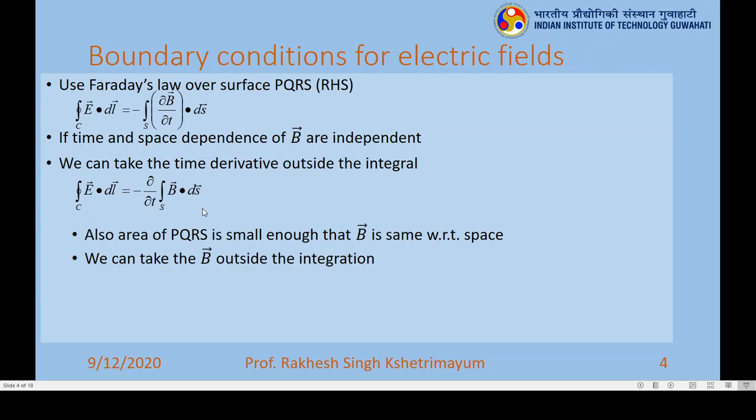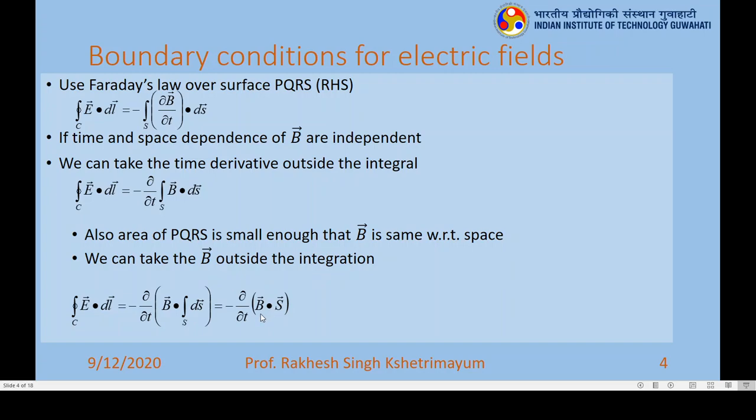In that case, I can take B outside the integration. We have minus del by del t of B dot the integration of ds over the surface S. When you integrate ds over the surface S, you get the surface S. So we can simplify the right hand side of the equation as minus del by del t of B dot S.